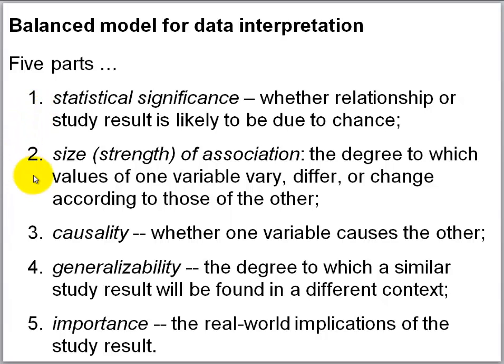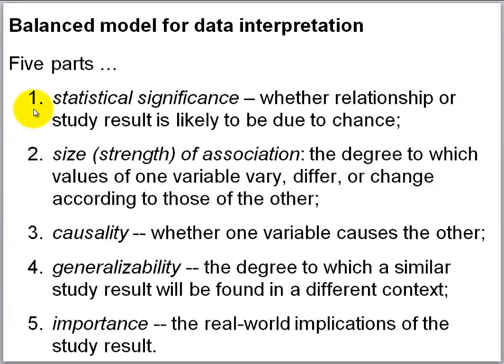Size of association was covered in the first half of our course, and students and indeed textbooks often forget about size of association. And in a couple of our videos we demonstrated that it is indeed possible to have a fairly large association that does not achieve statistical significance. That would be most likely to occur when sample size is very small.